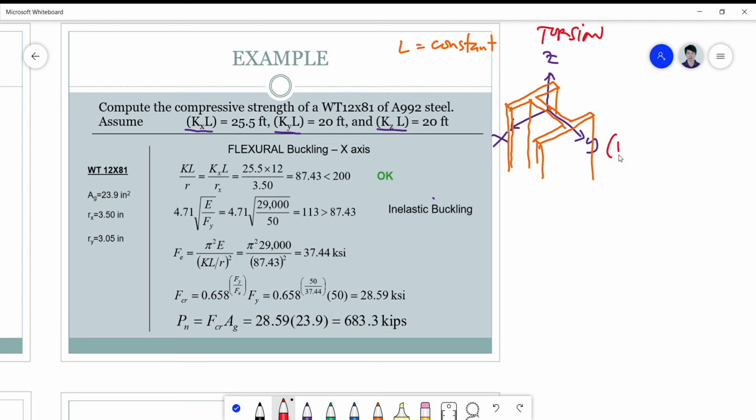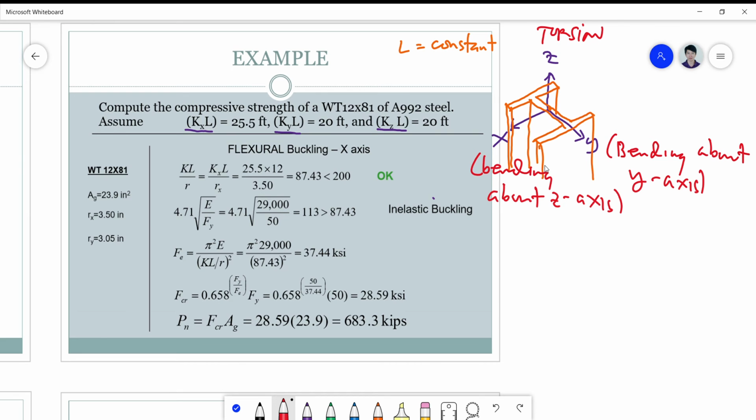Y is bending about the Y-axis, and X is actually bending about the Z-axis. Okay, so bending or simply buckling. When I say bending, I'm referring to the buckling.